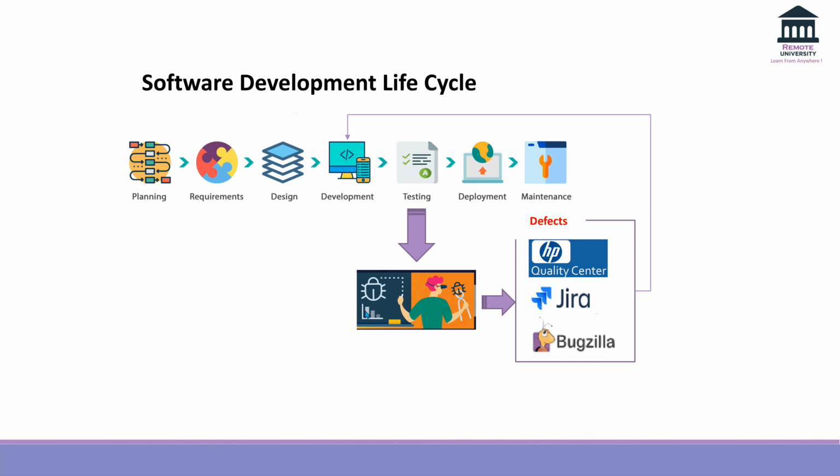Depending on your company or the team, you might be using some of the standard defect management tools like Jira, HP Quality Center, ALM, or Bugzilla, where you log a defect. This is where severity and priority come into the picture. Once the defect is logged into this tool, the defect needs to be allocated a specific severity and priority.